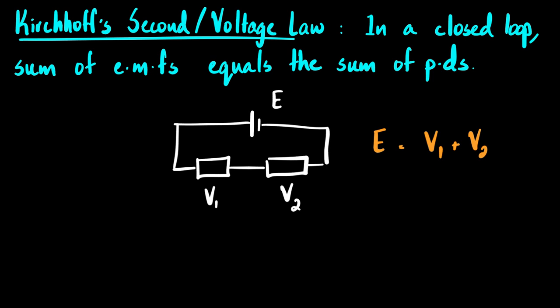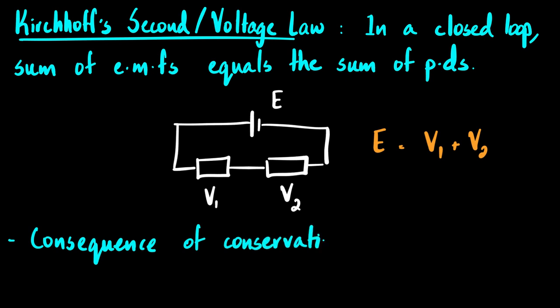Also, just as the other law was linked to the conservation of charge, this is a consequence of conservation of energy. All right, so that's the idea here. Now, why is this linked to the conservation of energy?